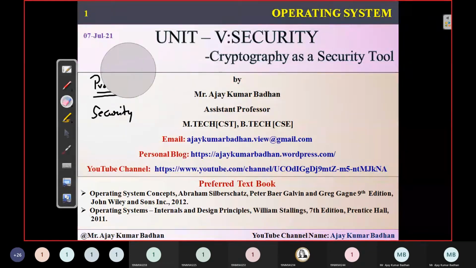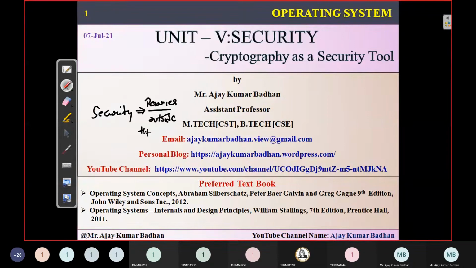But security is about providing protection for the resources present within the system and at the same time outside the system. We need to provide security with respect to outside the system, because you are now connected to the outer world with the help of the internet, connected to networks and transmitting data.